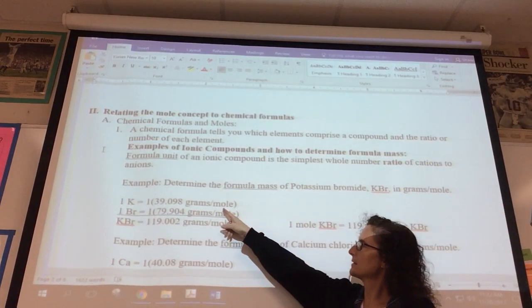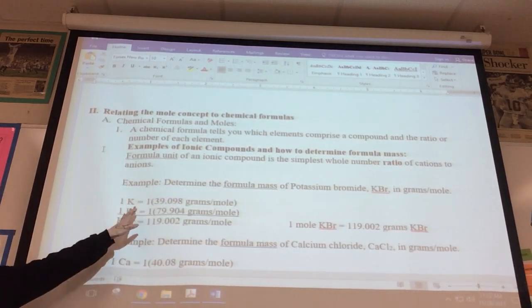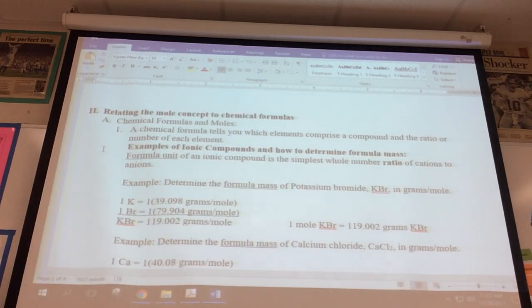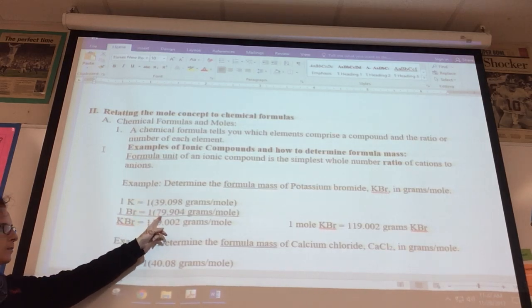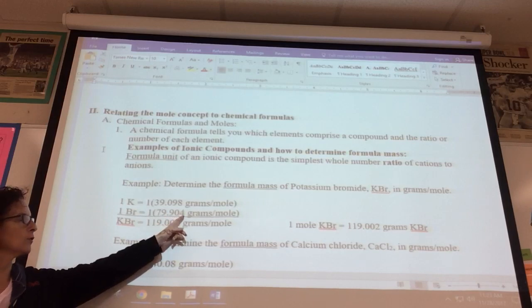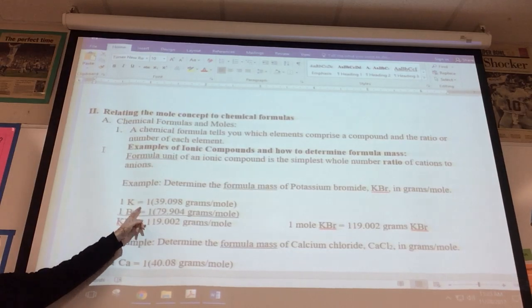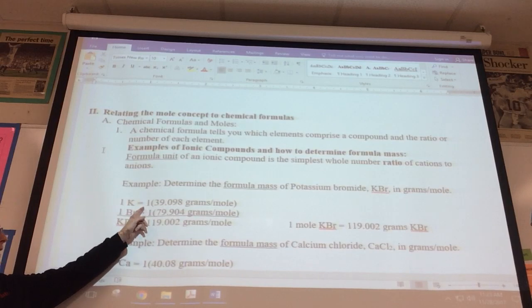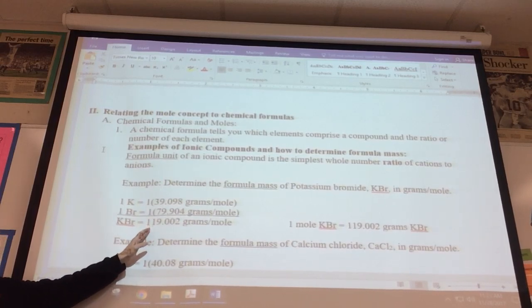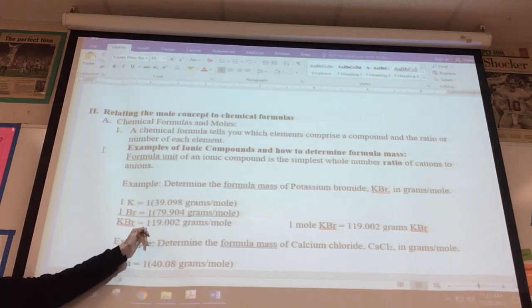The molar mass of potassium off the periodic table is 39.098 grams per mole. The molar mass of bromine is 79.904 grams per mole. We talked about that the other day. And we have one of each, so we multiply each of these by 1, and then we simply add the two together.